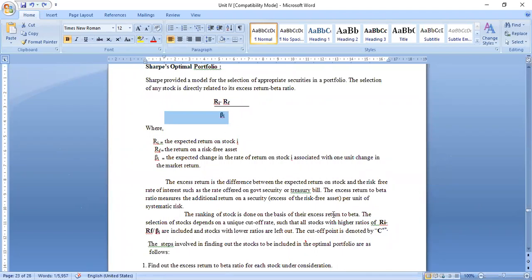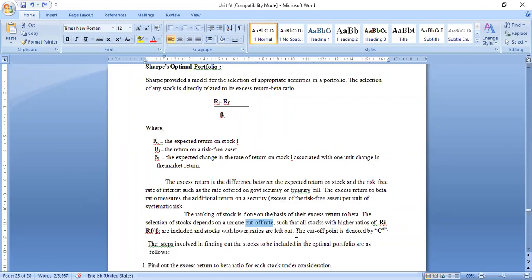Now, how are the stocks selected to find the proportion of highest investment to lowest investment? It depends on this keyword again. You have to calculate a particular cutoff rate, which we will see in the problems, such that all stocks with higher ratios are included and stocks with lower ratios are left out.